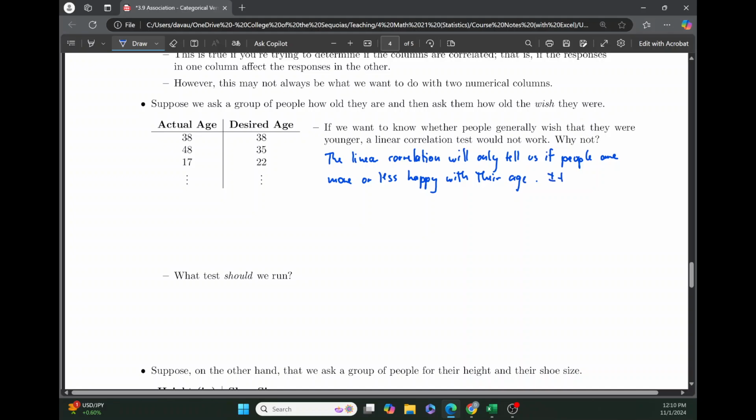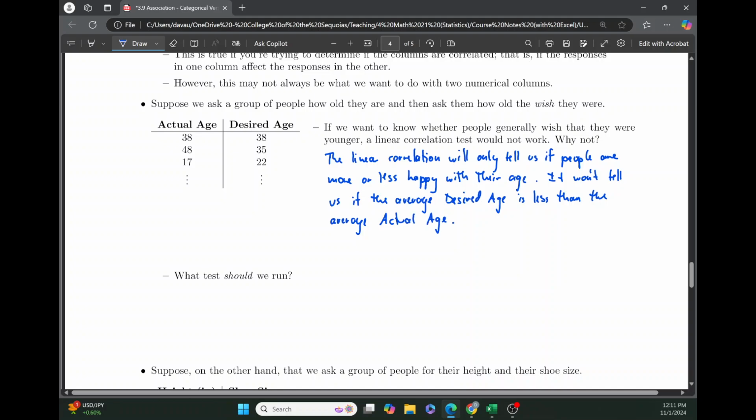It won't tell us if the average desired age is less than the average actual age.